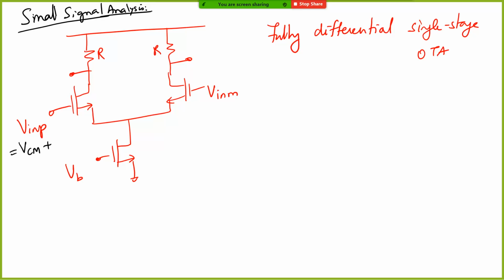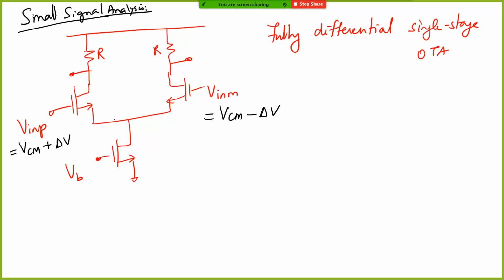So you have a common mode plus some delta V, and V in M can be written as common mode minus delta V. There is a common mode signal and a small signal riding on top of it. Our differential signal is then 2 times delta V: a plus delta V on the P side and a minus delta V on the M side.